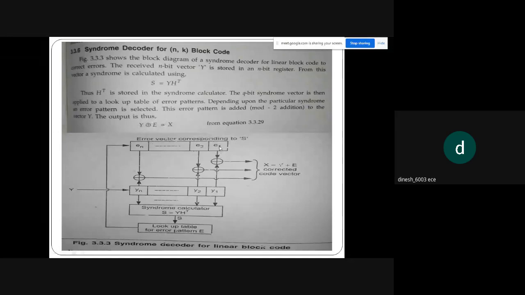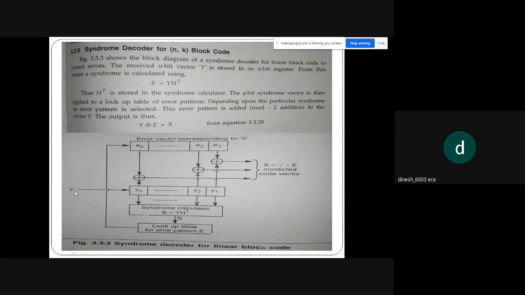E has the bit sequence E1, E2, E3 till En, and Y has Y1, Y2, Y3 till Yn. Everything should be done with modulo 2 addition: first bit, second bit, third bit, fourth bit till the nth bit. I put a diagram of the modulo 2 addition symbol. And where do we get this Y?